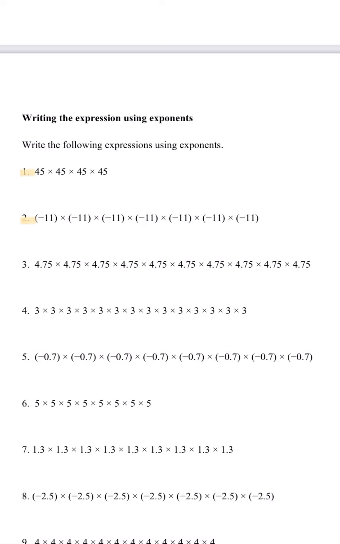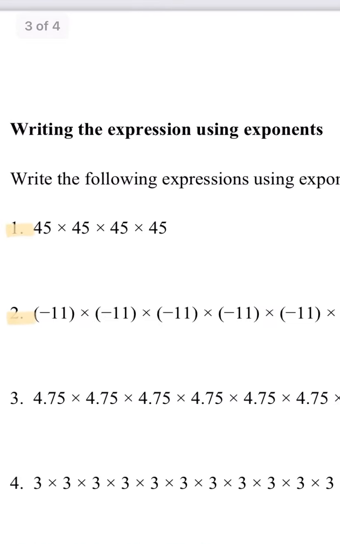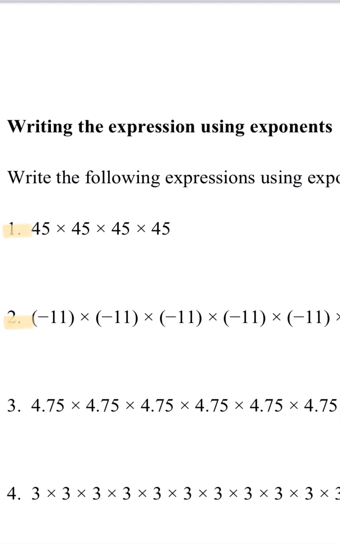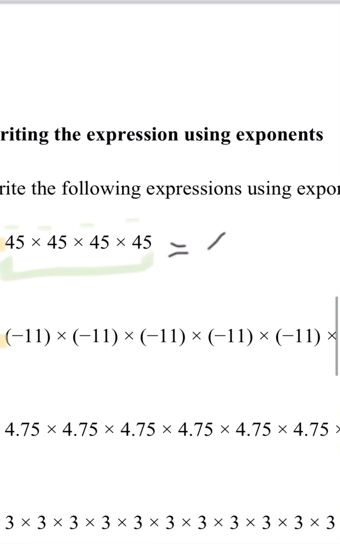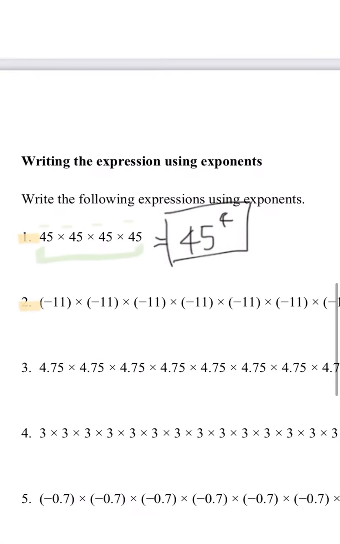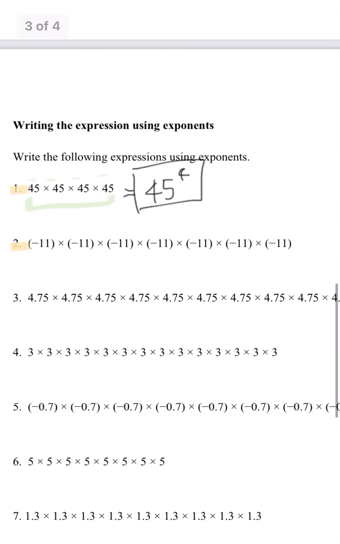We are going to write the following expressions using exponents. Okay? So we have 4 45s, right? 1, 2, 3, 4. Therefore, we could write that as 45 to the power of 4. Okay, and then number 2, how many negative 11s do we have?